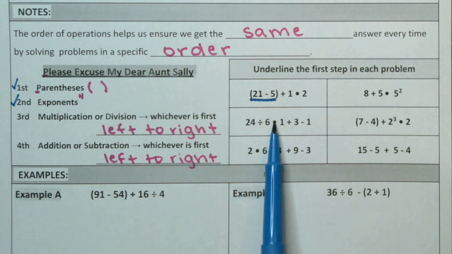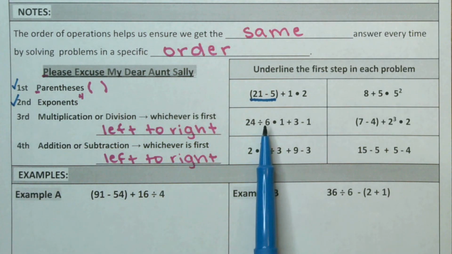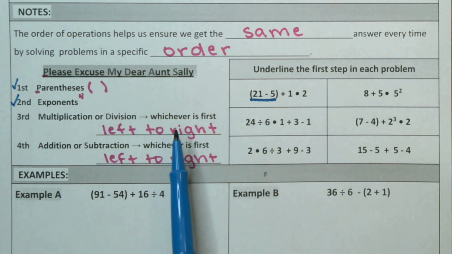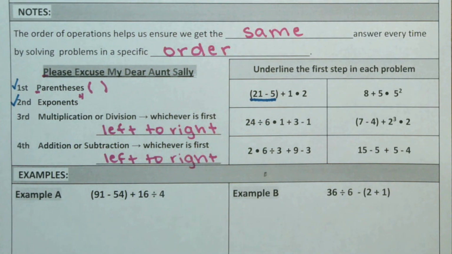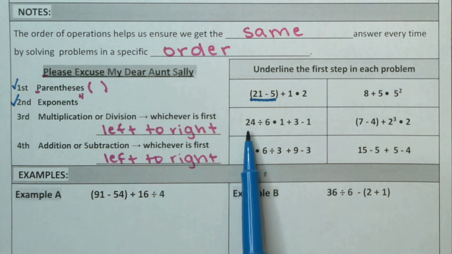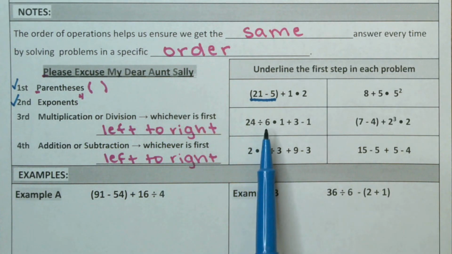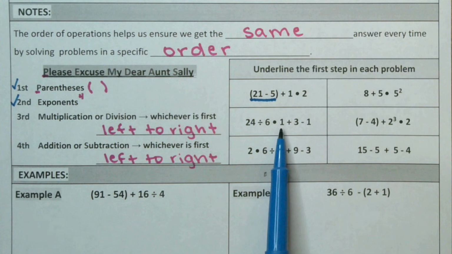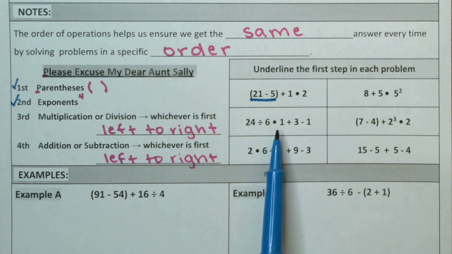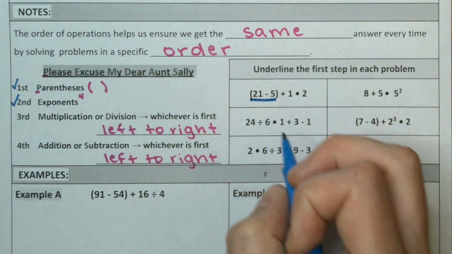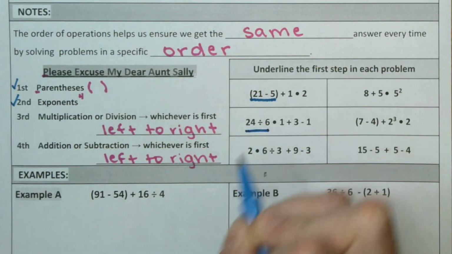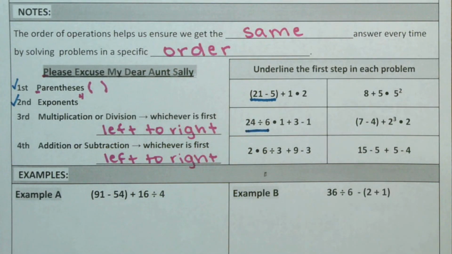Well, remember this dot means multiply. I see multiplication and division in this problem. So I'm going to do whichever comes first. Listen to what I say first when I read it out loud. 24 divided by 6 times 1. Did I say divide or times first? I said divide. Division came first, so that's our most powerful operation.